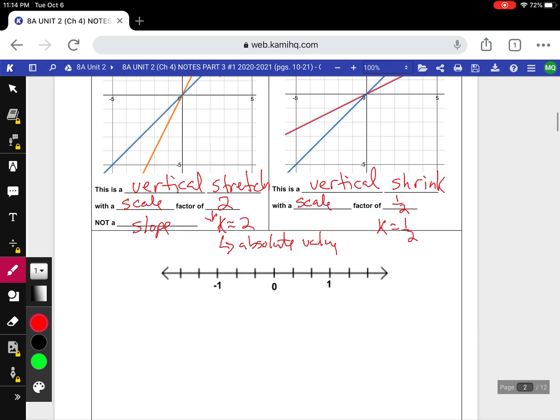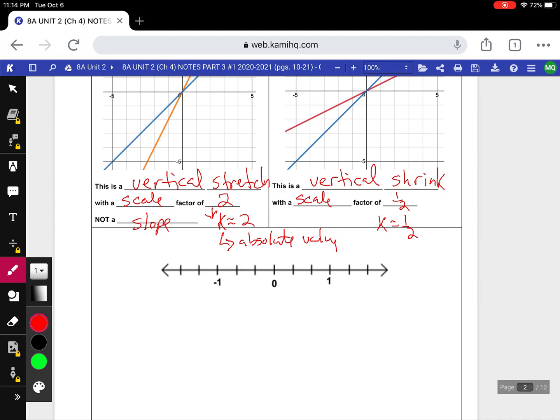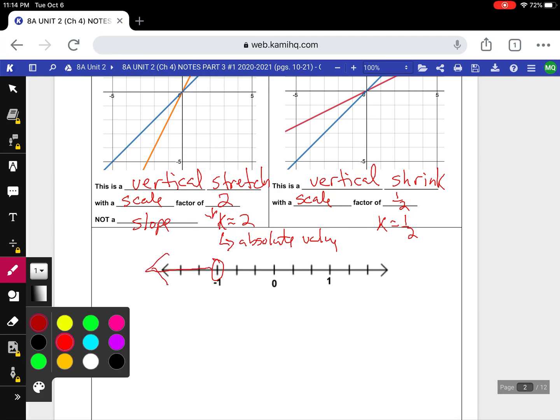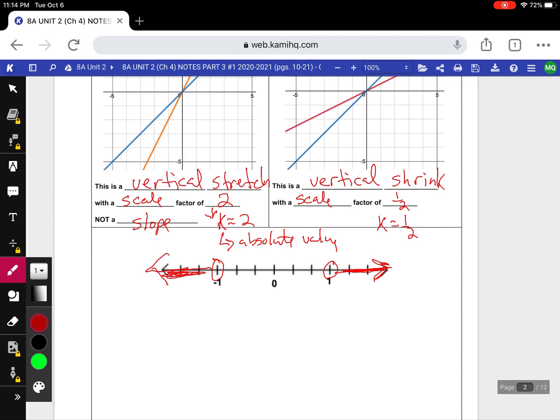So you can also say just k equals 1/2. And if we're thinking about what's considered a stretch and what's considered a shrink, if you are in this territory, so negative 1 on down or 1 on up, we'll color that. And that right there, that is a stretch.